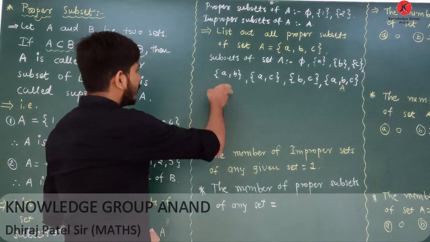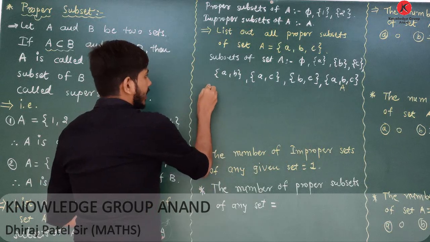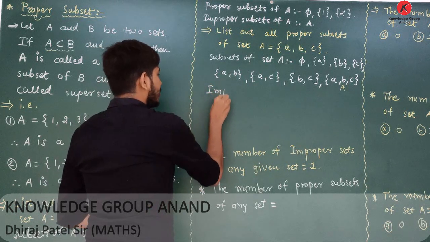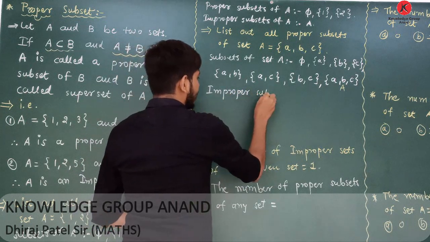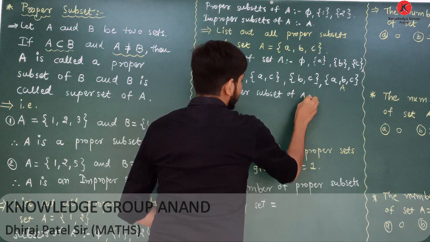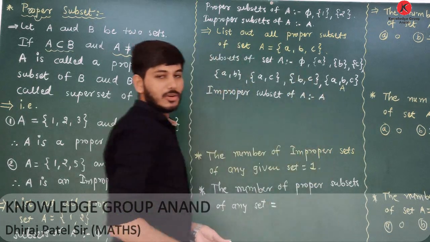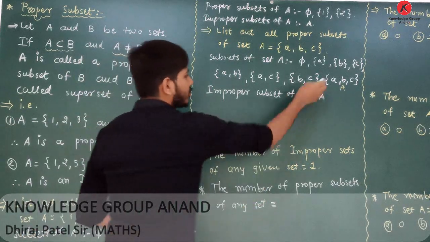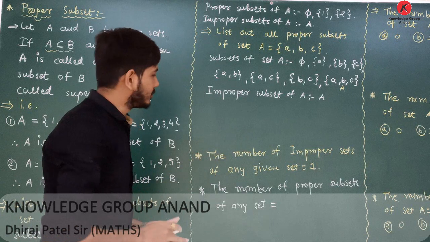Now we are going for the improper subsets of the set. First of all, I am listing out the improper subset of set A, which is set A only. Now the rest of them are proper subsets.